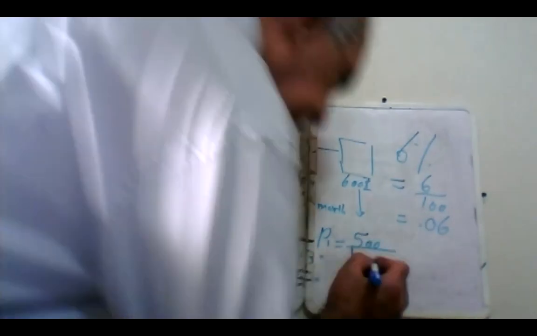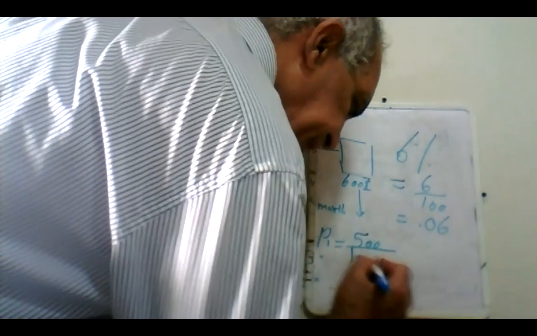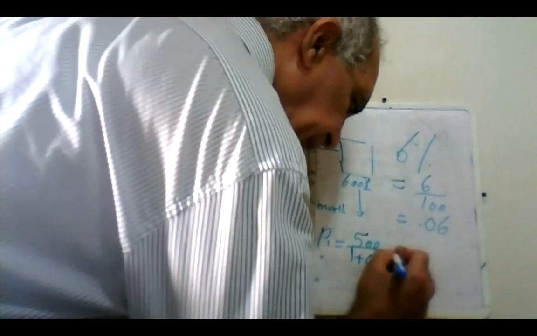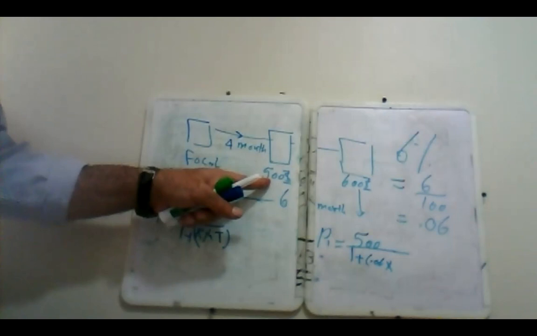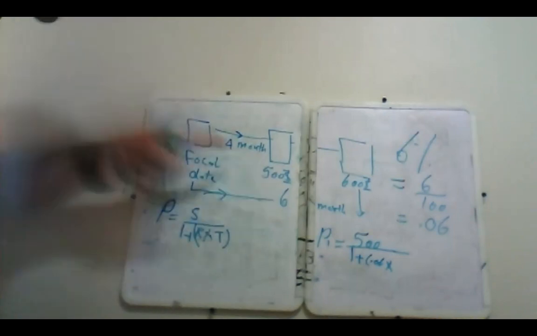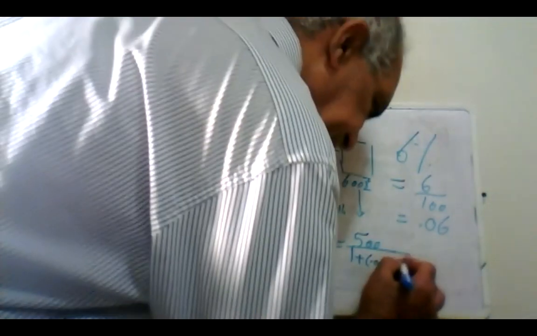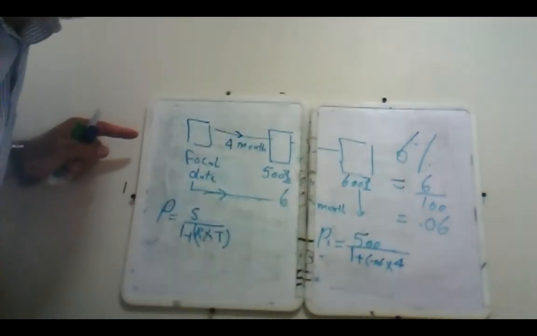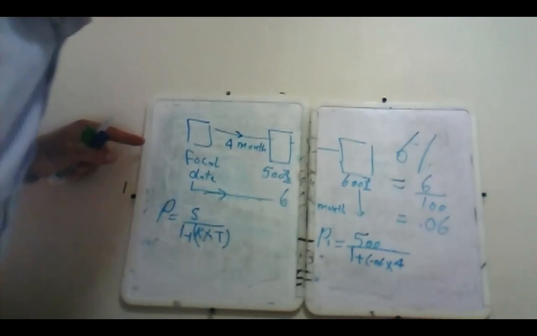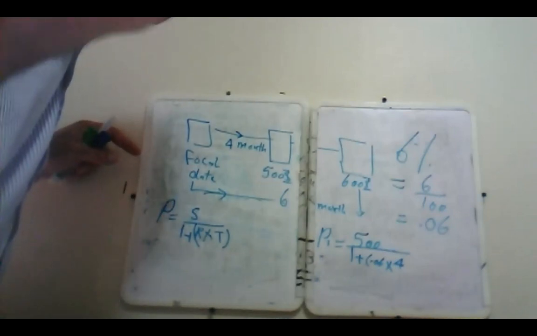Then 1 plus 0.06 multiplied by the time. The time here for the first amount, the $500, is 4 months. I can't leave it as 4, because if it's 4 like this, that means it's 4 years. As I said before, the time will be calculated in years.